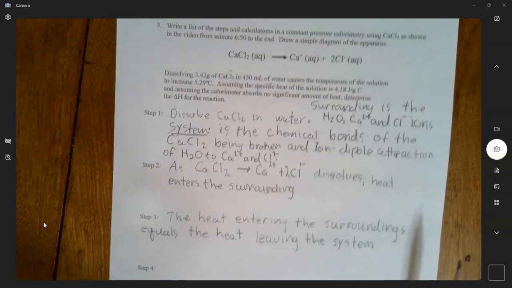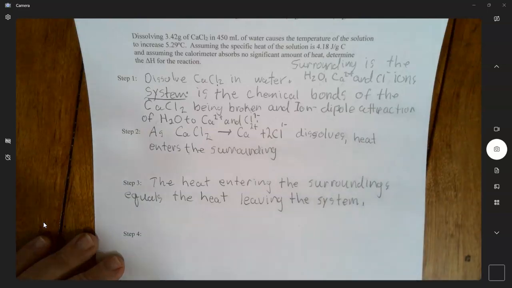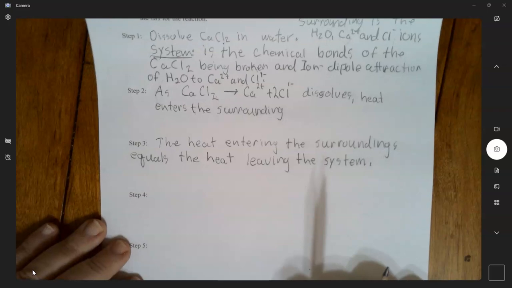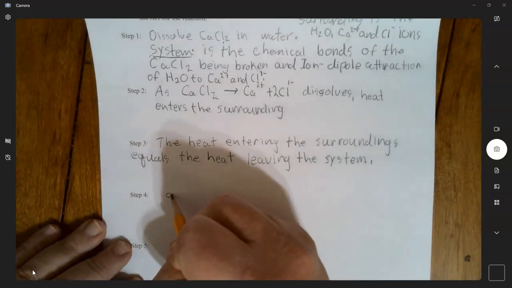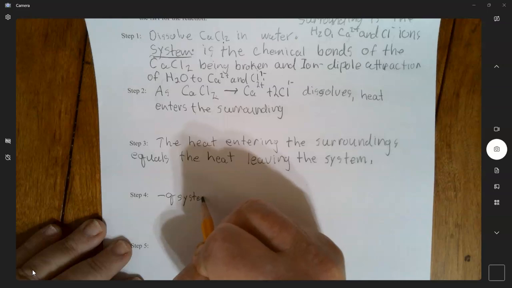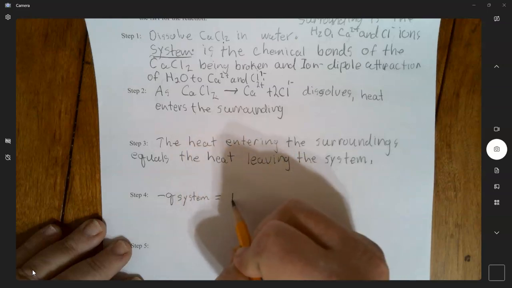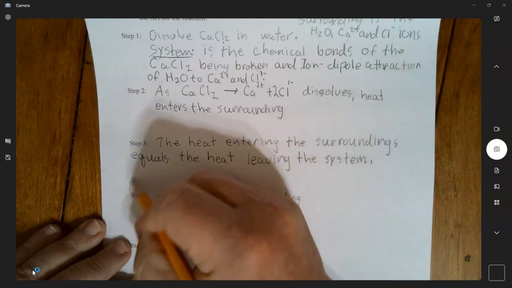Okay, so now I'm going to continue. Step 4 is to realize that the Q of the system, which is negative, the heat coming out of the system, equals the positive Q going into the surroundings. That might have been step 3 on the video.